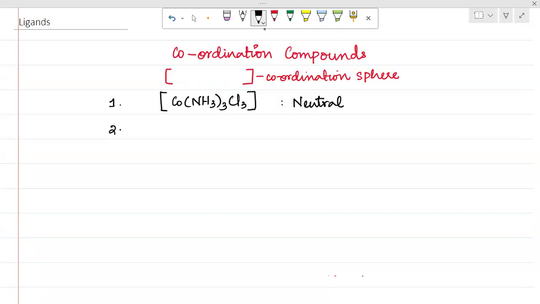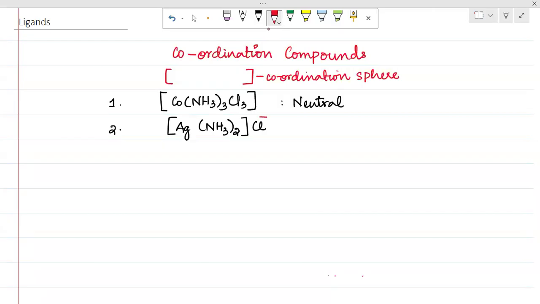Let's take another one: [Ag(NH3)2]Cl, let's say. Here there is a coordination sphere, something written inside the square bracket, and outside there is chloride.